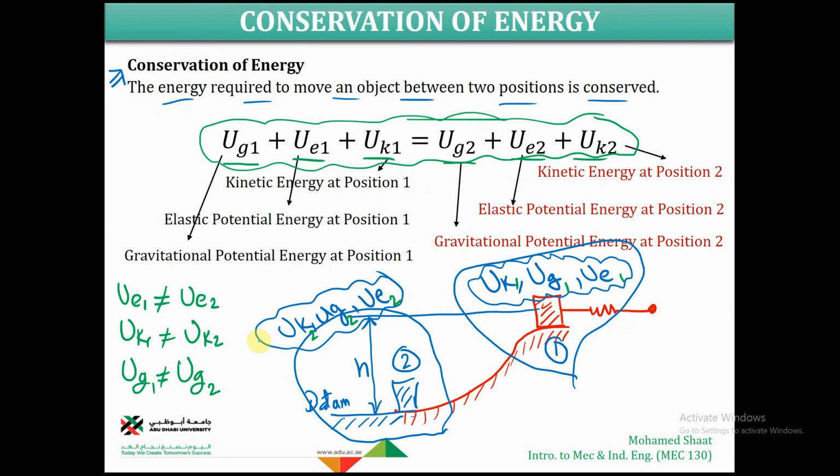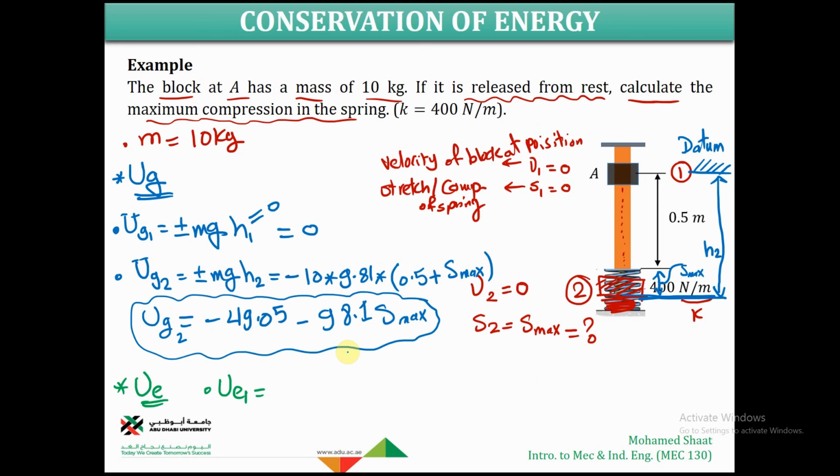So simply we're going to say that this elastic energy is going to be half, 1 over 2, the K times S1 squared. The stiffness of the spring will not change from position 1 to position 2. Why? It is a spring constant. It is constant for a specific spring, and we are not going to change the spring from position 1 to position 2. So it means that K is still the same.